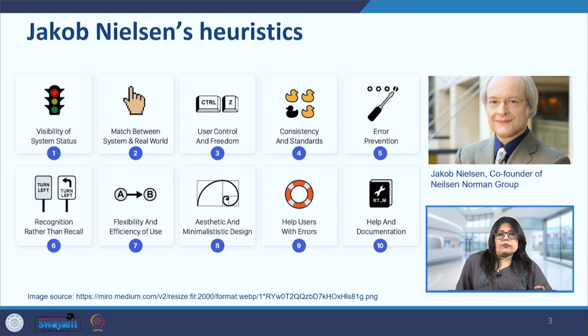However, they are still very useful and have also undergone several changes as per today's needs. These are not principles that are followed to a T, but they act as a guide and a rule of thumb that designers can refer to. So, we will be broadly looking at these heuristics in today's class.